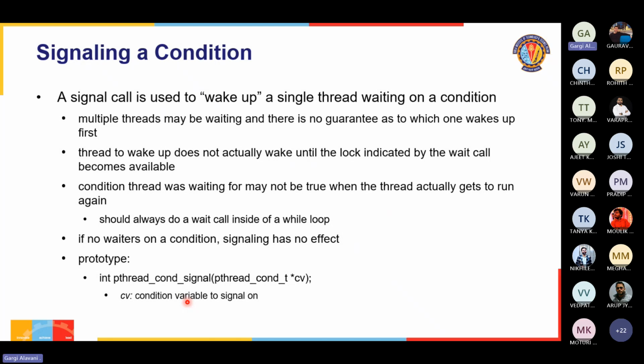If there are multiple threads waiting, then any of them will randomly get woken up. The thread which is woken up does not actually wake until the lock indicated by the wait call becomes available, and the condition that it was waiting for may not be true when the thread actually gets to run. If there are no waiters on a condition, signaling will have no effect. It will be of no use.